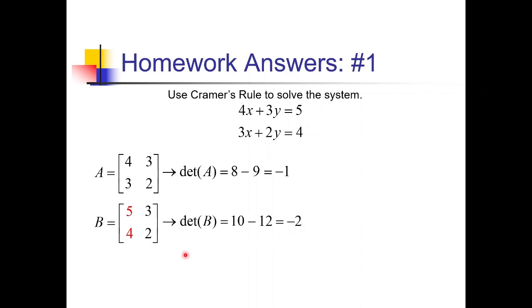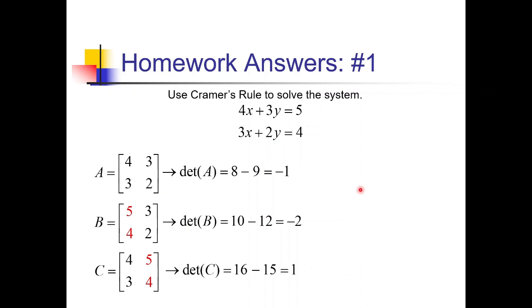And then finally, we'll set up matrix C, where we're just going to replace the y column here with 5 and 4. So the determinant of that, we're going to have 16, that's 4 times 4, minus 3 times 5, 15, which all comes out to +1.